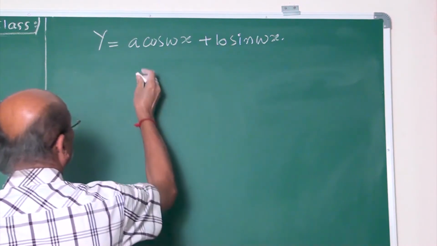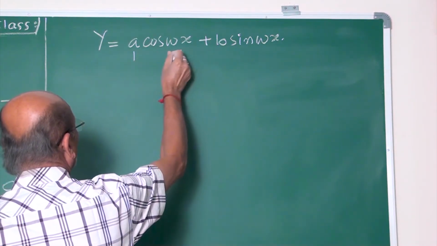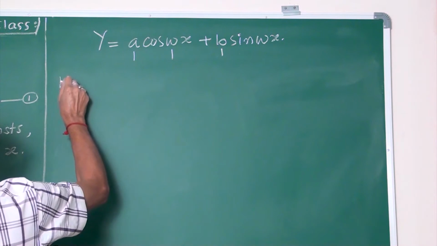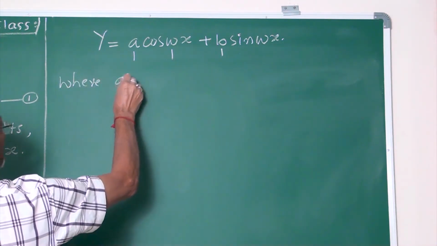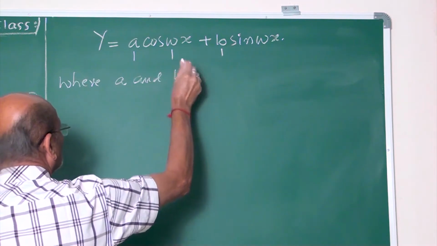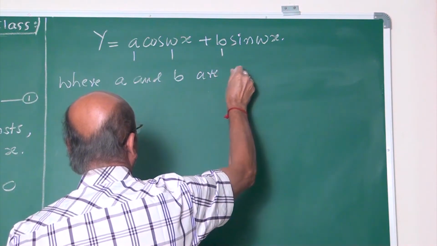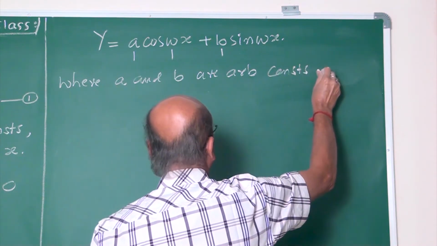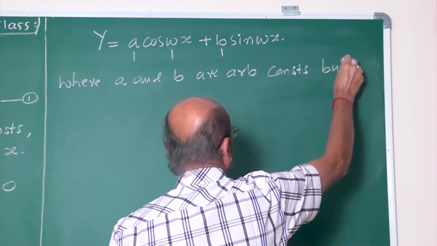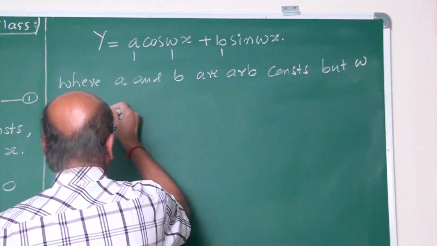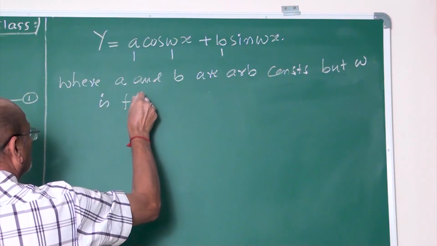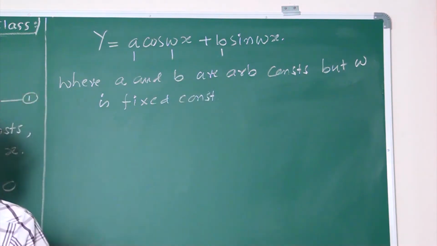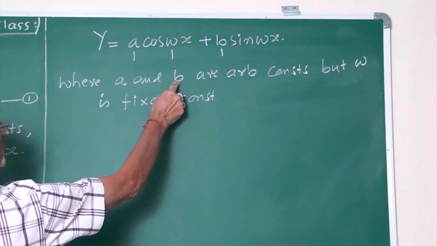They mention here, my friends, where A and B are arbitrary constants, but omega is a fixed constant. It is not arbitrary, it is a fixed constant. Then only arbitrary constants are 2.